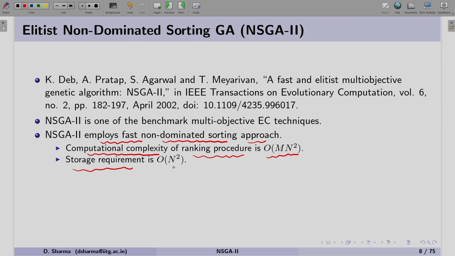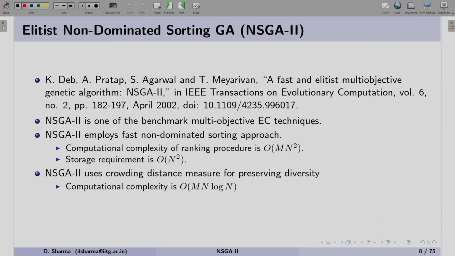Now as we remember, capital M stands for the number of objectives in our problem, and capital N stands for the population size. So this non-dominated sorting will be useful for the convergence.